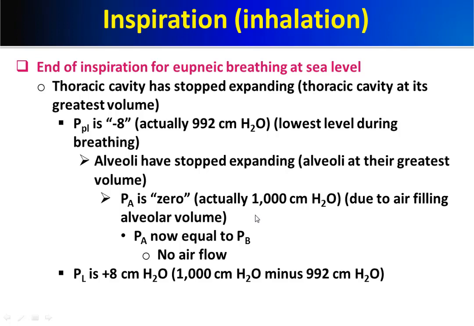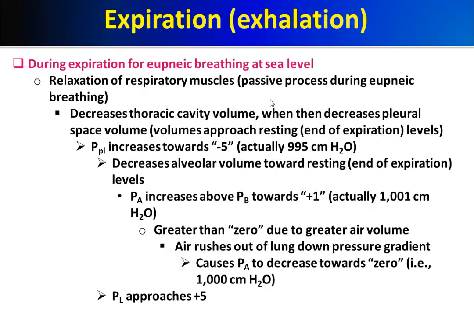And at this level, inspiration ends. So the alveoli have been inflated with 0.5 liter of air or 500 milliliter of air by the end of inspiration for eupneic breathing at the sea level.